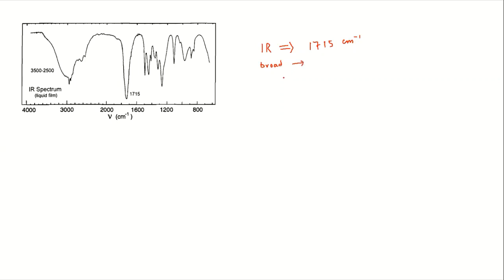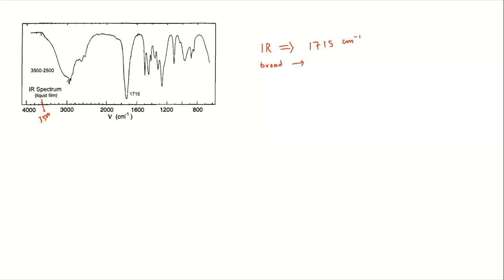It starts like here, you can see a big hump, around 3500. It is very prominent, and you have peaks around 3000 also.